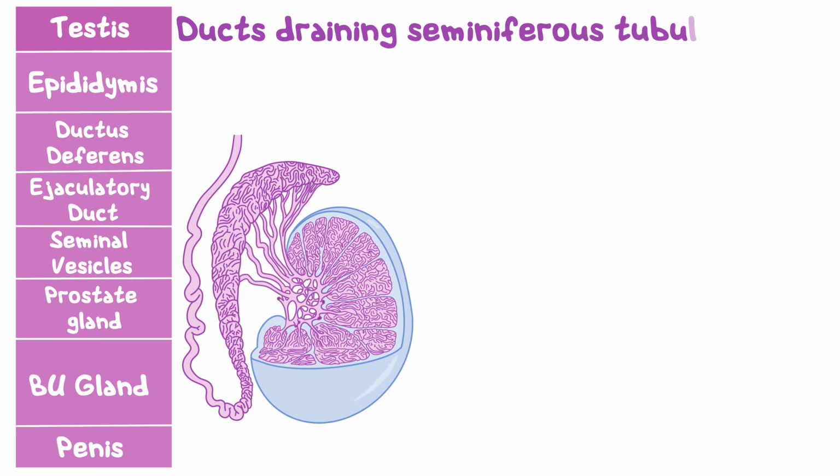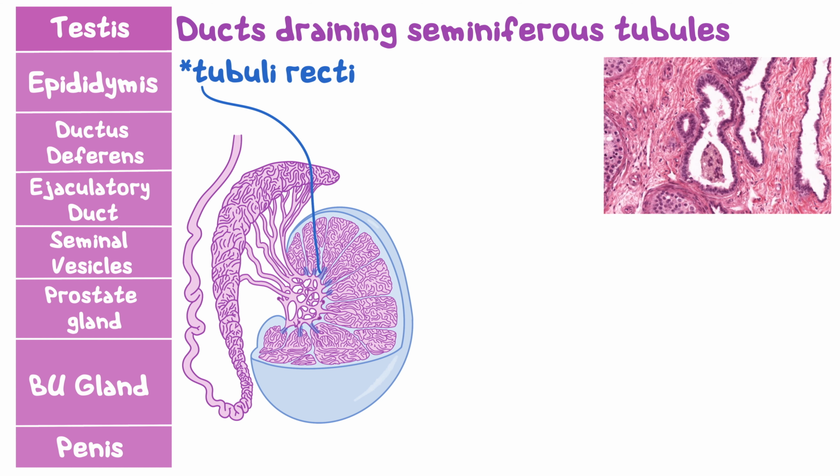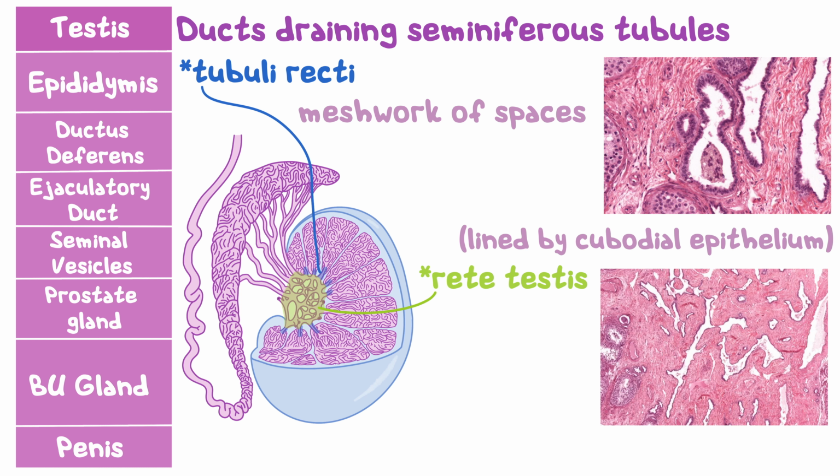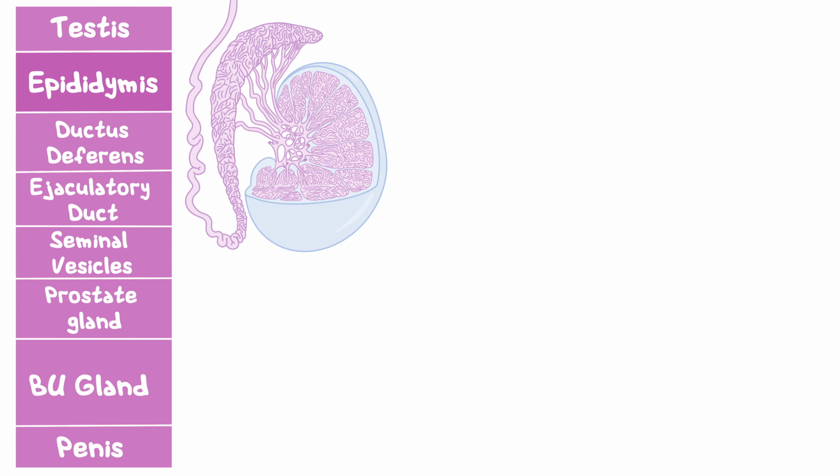Most seminiferous tubules are coiled loops with a straight region, the tubuli recti, at each end, through which fluid and spermatozoa flow. The tubuli recti drain into a meshwork of spaces lined by a cuboidal epithelium, known as the rete testis. The rete is embedded in the vascular connective tissue, which extends into each testis from the tunica albuginea. The contents of the rete testis drain into 12 to 15 ductuli efferentes, which in turn drain into a single duct in the epididymis.